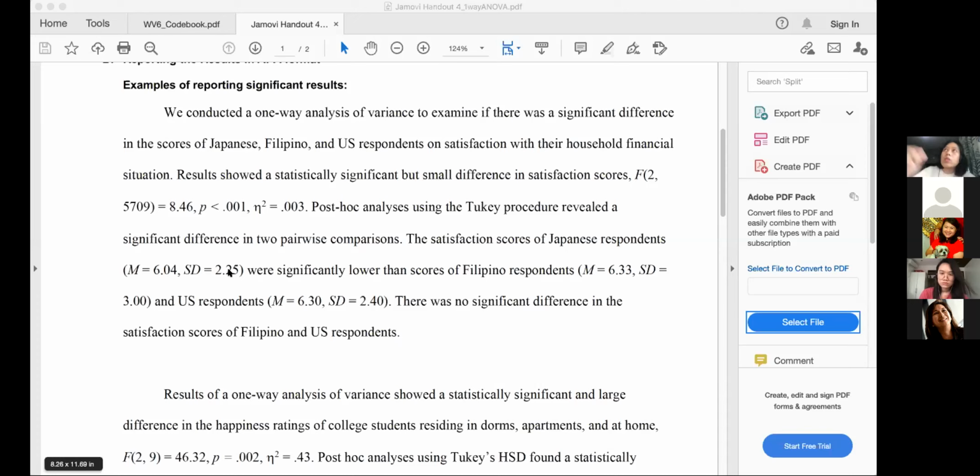That number, the DF, the second one. So I'm not sure what the difference is. So for this example, for education level, if we write it down, it's F and then parenthesis 2, comma, is it the residuals? No, it's a population. It's the sample size. So where do we get that from?